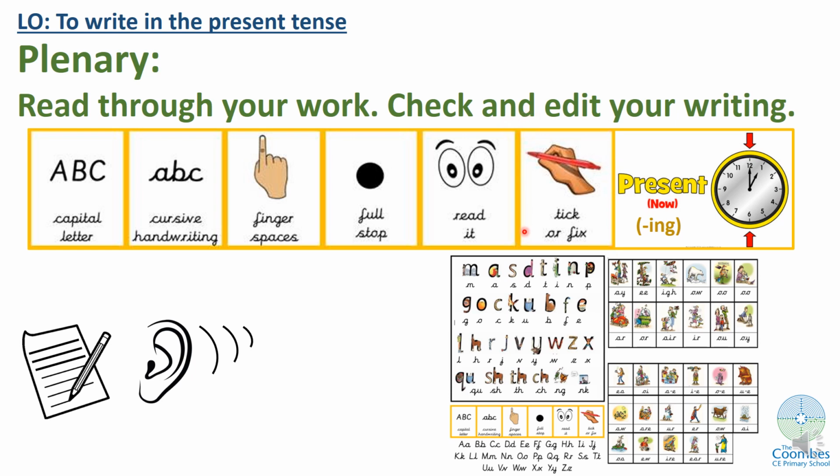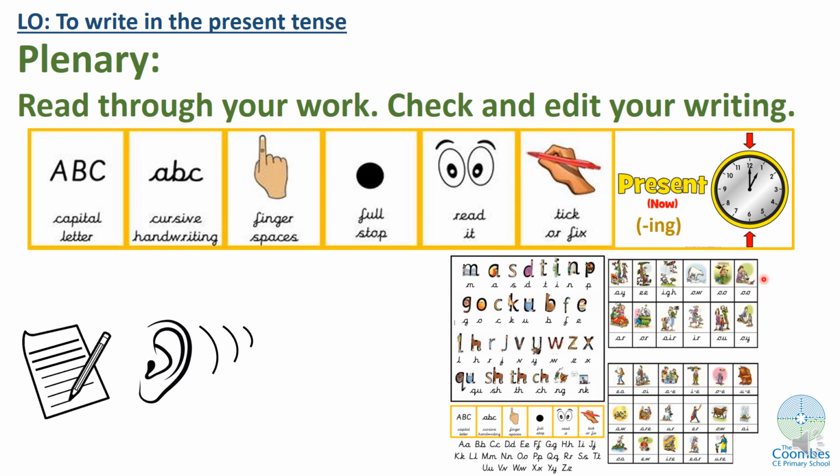And super important to make sure that your writing is in the present tense, that you've used your ing words, your ing suffix words, because that was the main part of the lesson today, to make sure you were writing in the present tense. It's also super important to check your spelling, so use your sound mat to make sure you are sounding your words out.